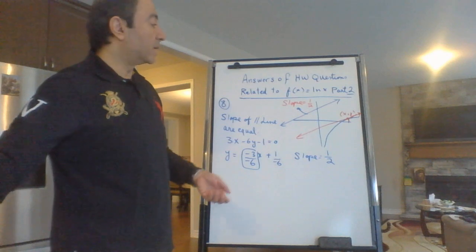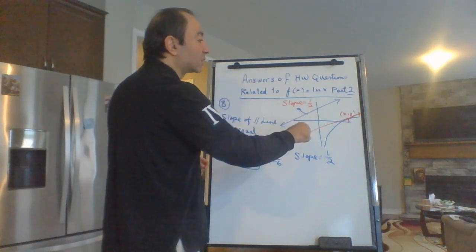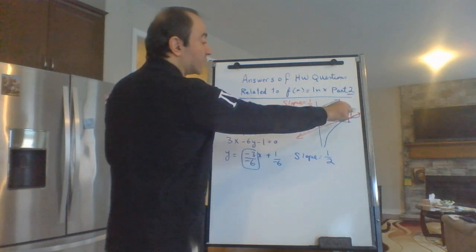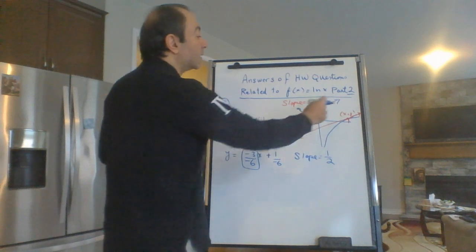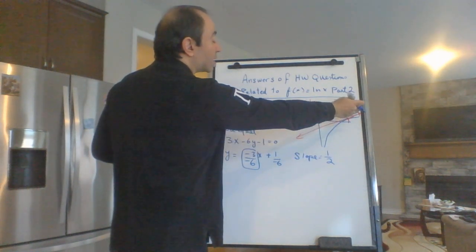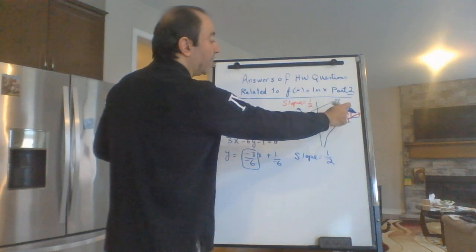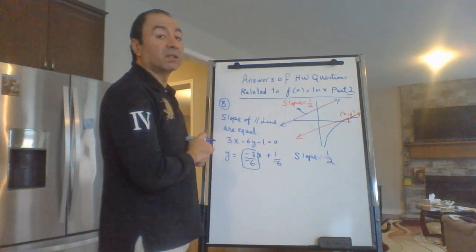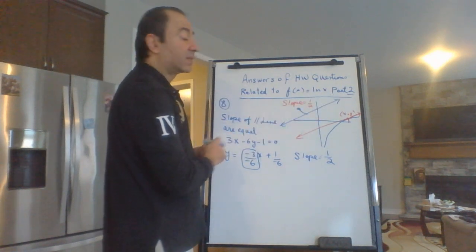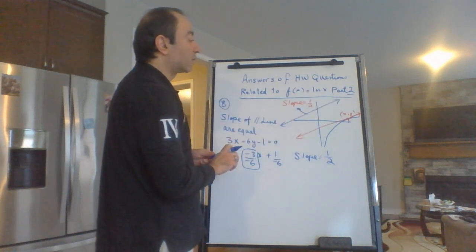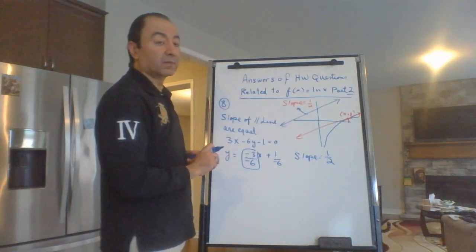The question now is, at what point will the tangent line to this curve have a slope of 1/2? So all I need to do is determine the derivative of this curve, equate it to 1/2 and solve for x, then substitute in the original function and find y of this point.